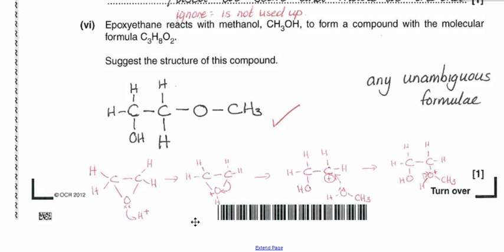And I've got a little diagram down here showing what's happening. So the same first part of the mechanism, then you've got your CH3 instead of your H on the water, which then joins on, that H breaks off, and you're left with COCH3 on one and COH on the other.